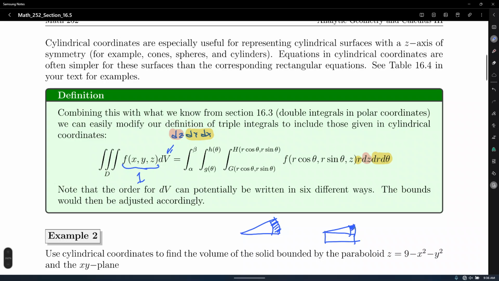Do you see this part I'm shading here? It's still the r dr d theta, but that r dr d theta is being multiplied by the height z, which is just the portion of a cylinder. Rather than having a portion of a circle or a pizza slice, a New York style pizza, now we're getting a Chicago deep dish pizza to visualize this differential for the triple integral in cylindrical coordinates.